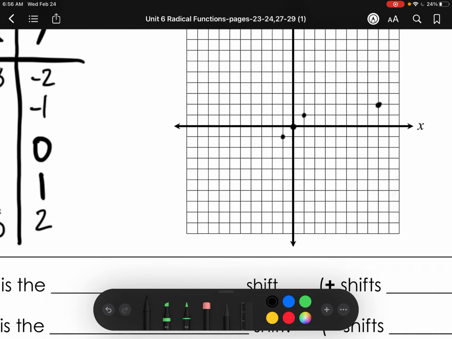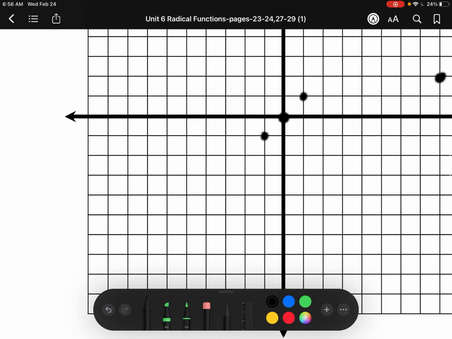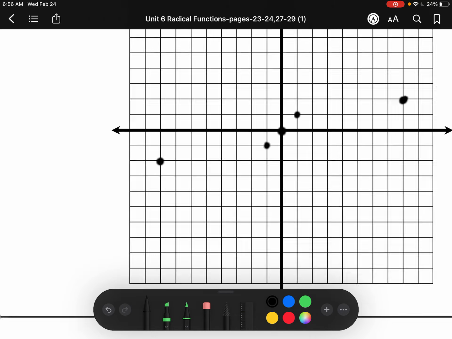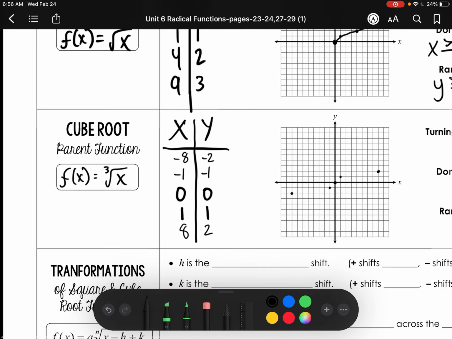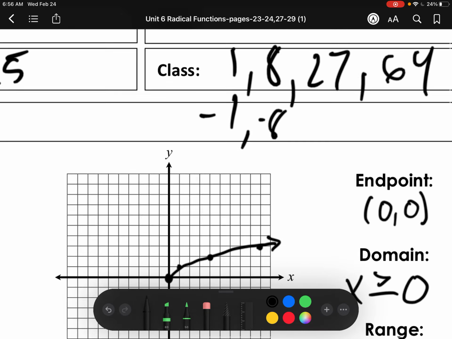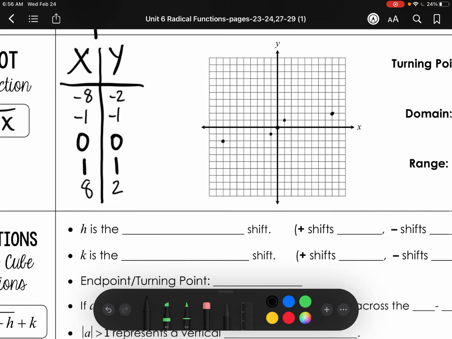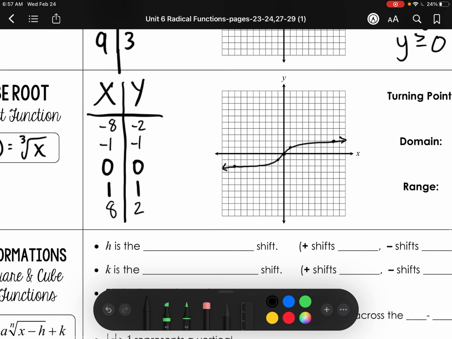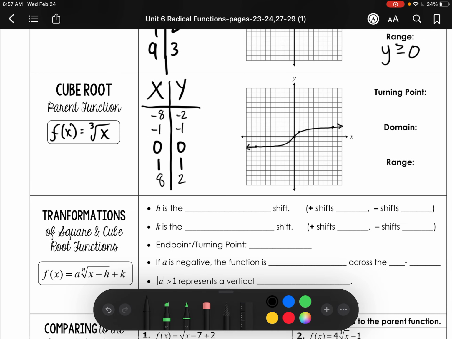When x is -8, y is -2, so that is where our point is. The next perfect cube is 27, and we're not going to be able to graph that, so we're going to just connect our dots. So our graph is going to look something like this. That is what the graph of this cube root parent function looks like.